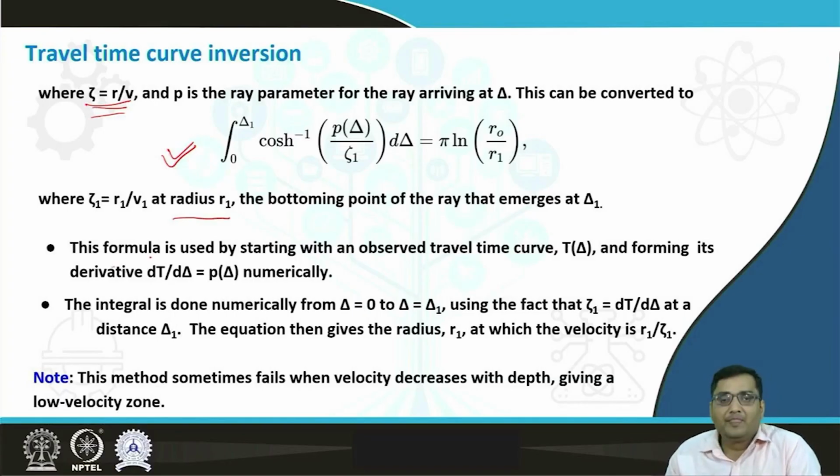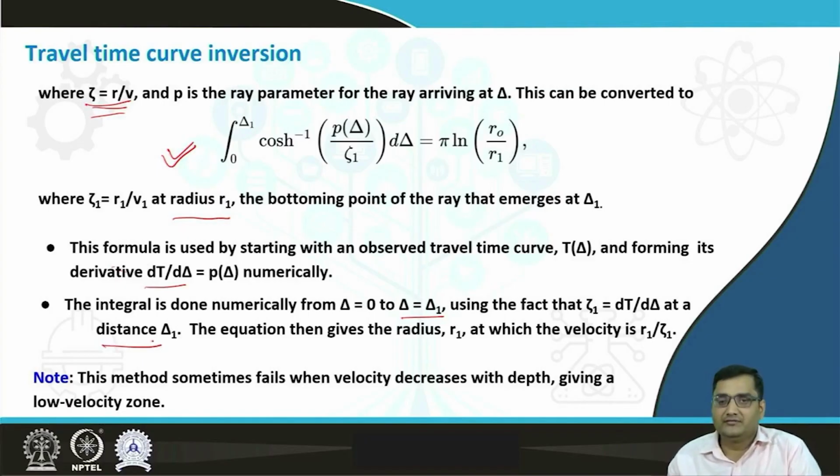We can use this formula by starting with an observed travel time curve T(delta) and forming a derivative, that is dT by d delta is equal to p(delta), numerically. The integral is done numerically from delta equal to 0 to delta equal to delta 1, using the fact that zeta 1 is equal to dT by d delta at a distance delta 1.